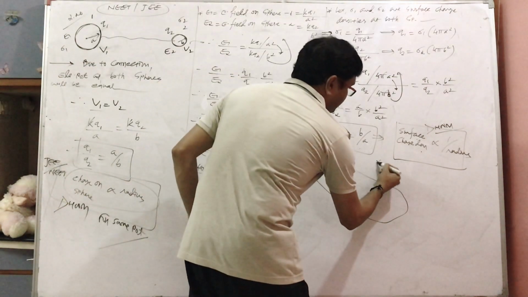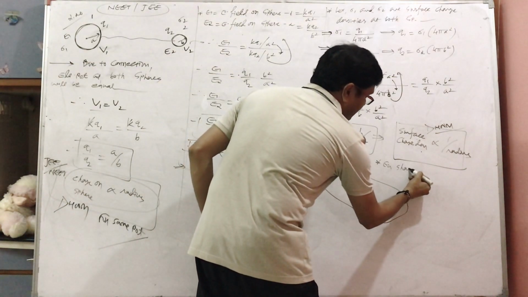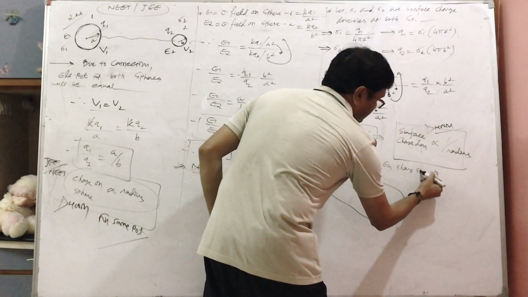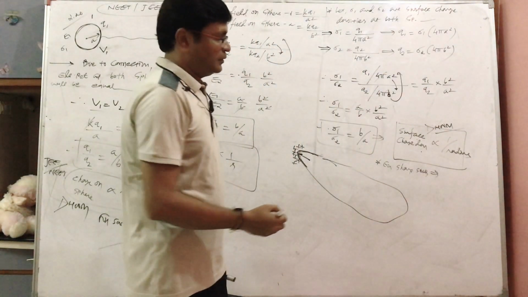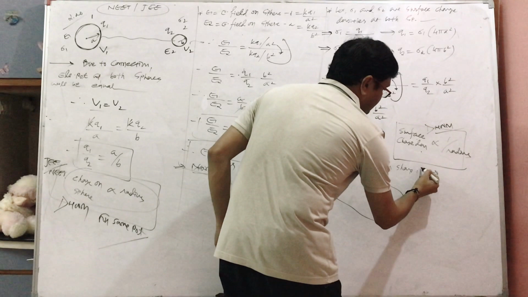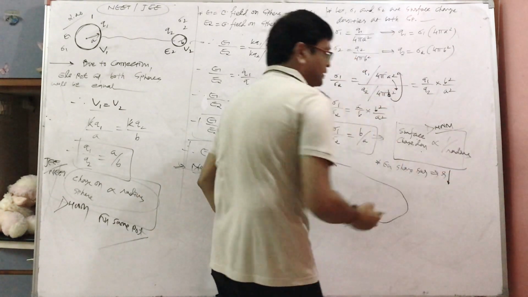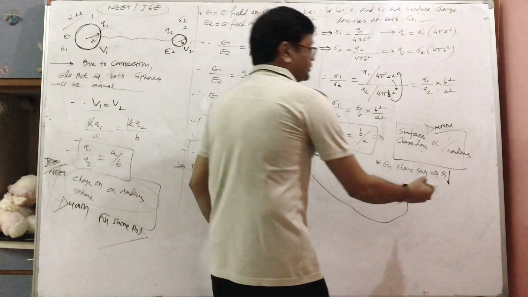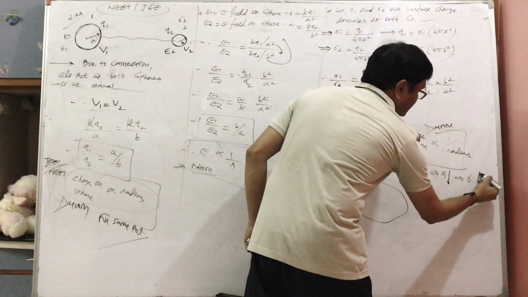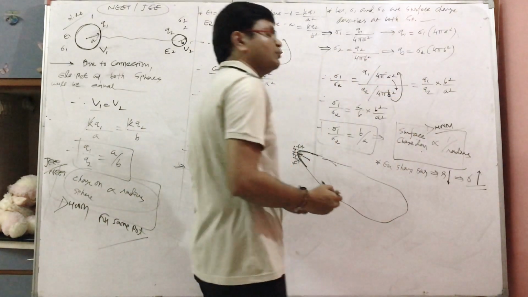So I can write, for a sharp surface, obviously R decreases, so obviously surface charge density increases, that means it is very high.